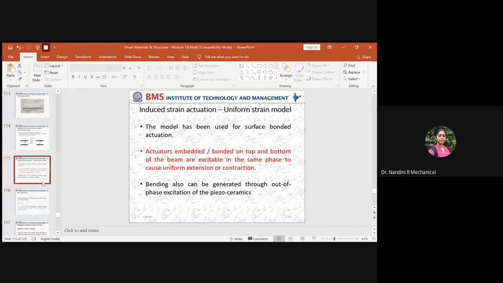So now, due to the application of the load, bending usually comes into the picture. Bending could also be generated through the phase excitation of the piezo ceramics. When you apply some load, depending upon the length of the piezo patch and the substrate, bending comes into the picture because many times it will be constrained at one end.